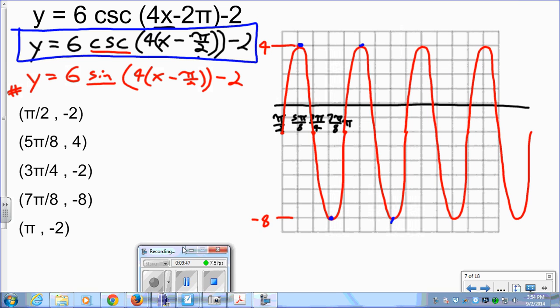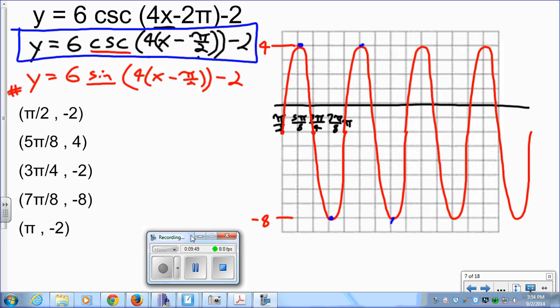Get this out of the way. Okay. But where things would have been 0 before, because remember, on our sine graph, this would have been 0. This would have been 0.